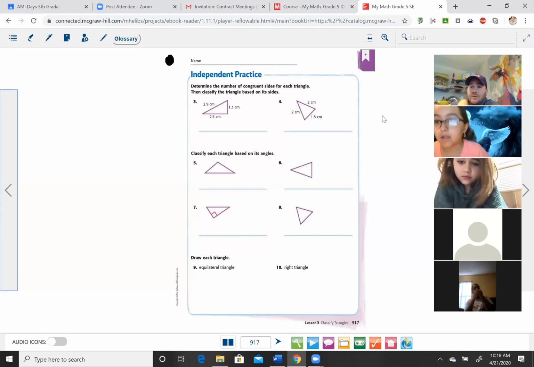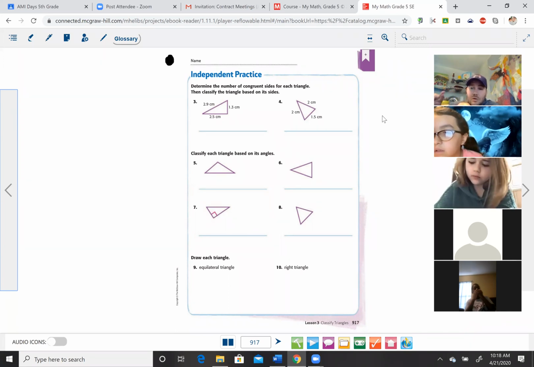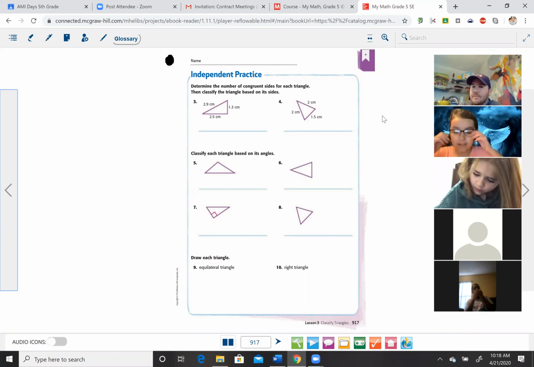So it's not asking for acute, right, or obtuse. So number 5, 6, 7, 8 is for the right, acute, and obtuse? Correct. Thank you. No problem.